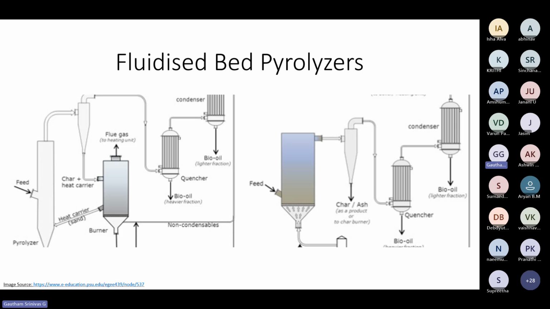Along with the gases and the unconverted solids, the char and ash are just removed from the cyclone, and the bio oil plus the gases are sent to the quencher and then the condenser. So you have one heavier fraction of bio oil and one lighter fraction of bio oil. This is very similar to the distillation that you see for crude oil, basically. So this is what happens in pyrolysis.